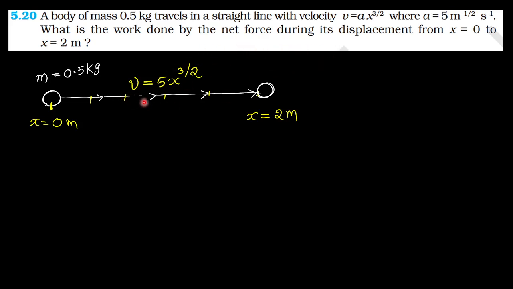The way velocity is changing, the body experiences an external force. That is the reason why the velocity is changing. The velocity is not a fixed velocity. Because of some external force, the velocity is changing with respect to x.